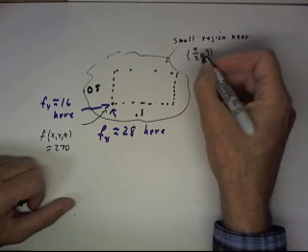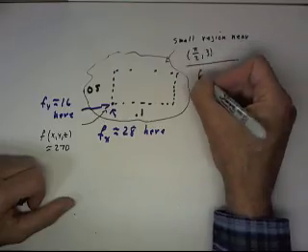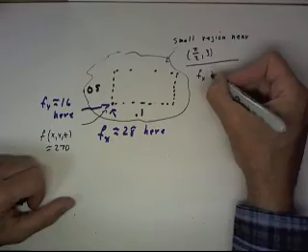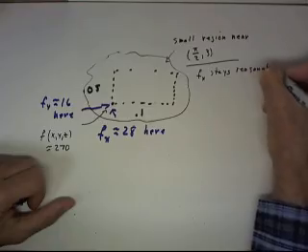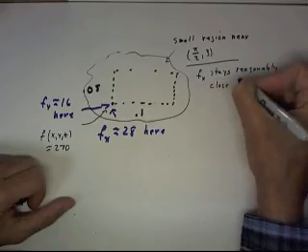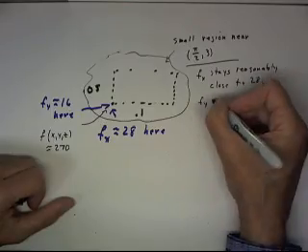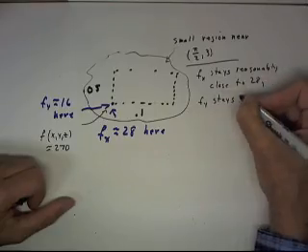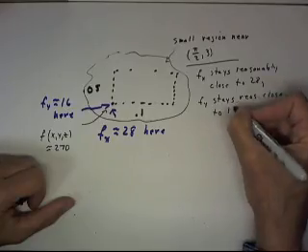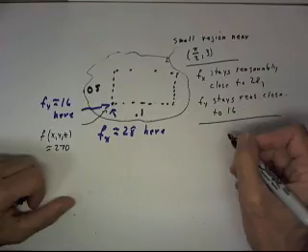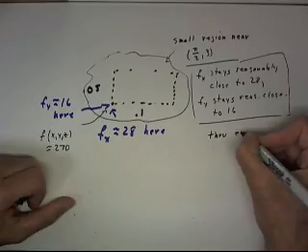If this is some small region near pi over 2, 3, what we're saying is that fx stays reasonably close to 28, and fy stays reasonably close to 16, through the entire region.